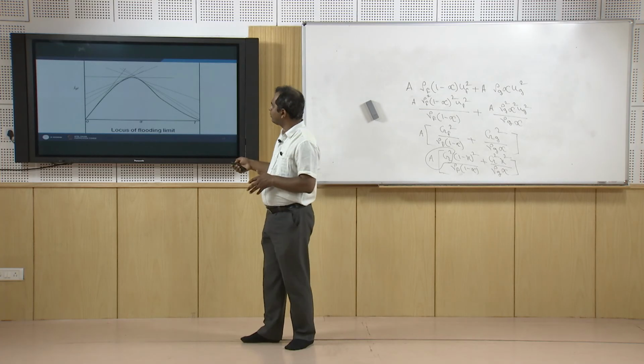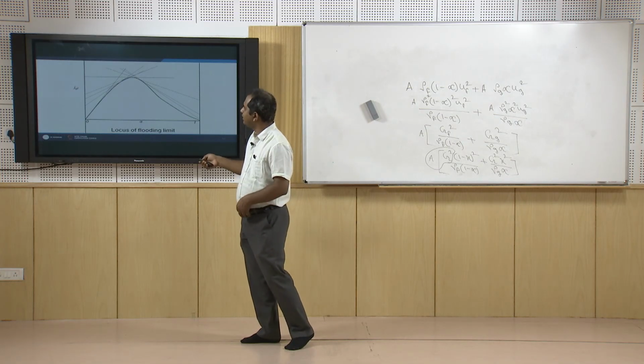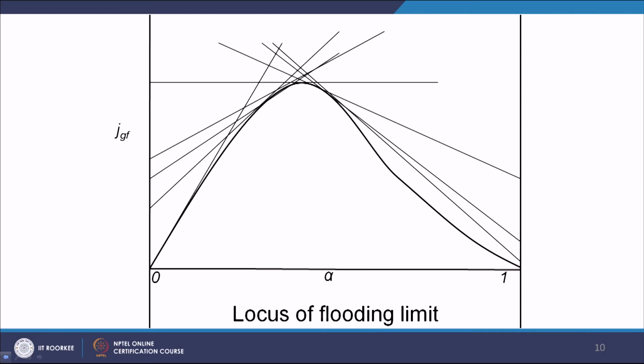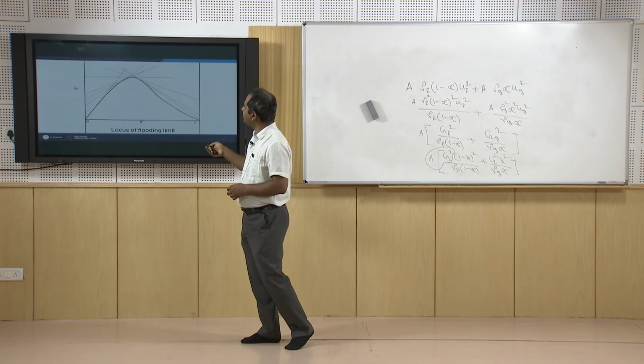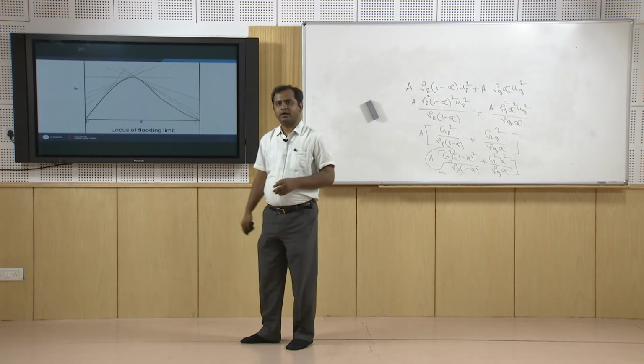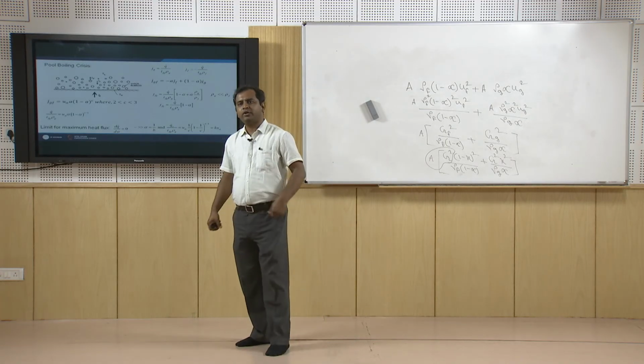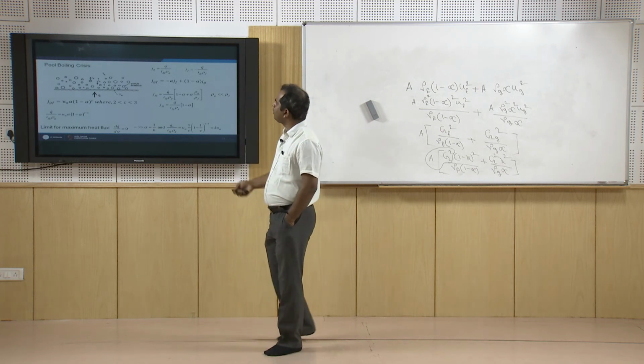So, you have to do the experiments for different liquid and gas velocities, that means JGF equals Jg at alpha equals 0 and equals minus Jf at alpha equals 1, and we can find these flooding limit points. If we find the locus of these flooding limits, that will be the curve. Next, let us try to see another important case, which is called pool boiling crisis.